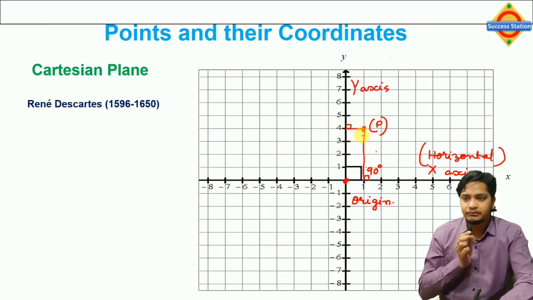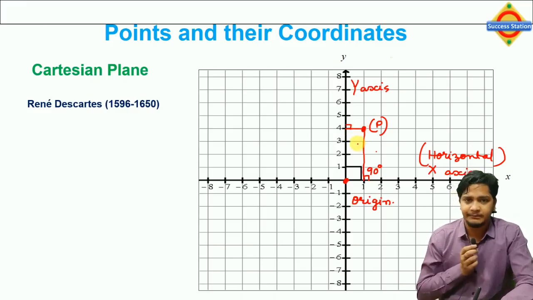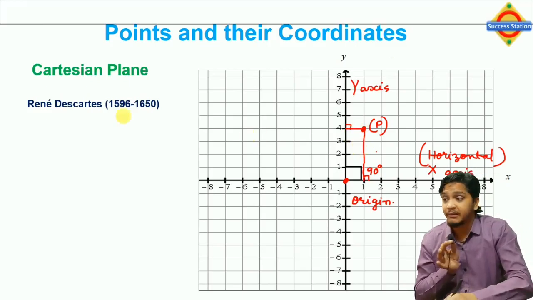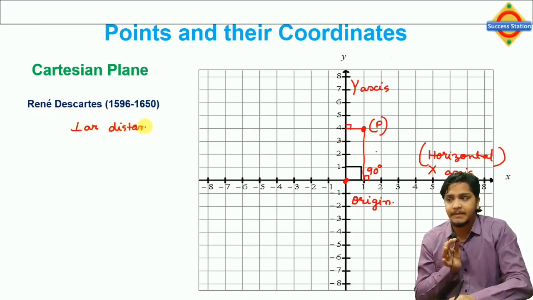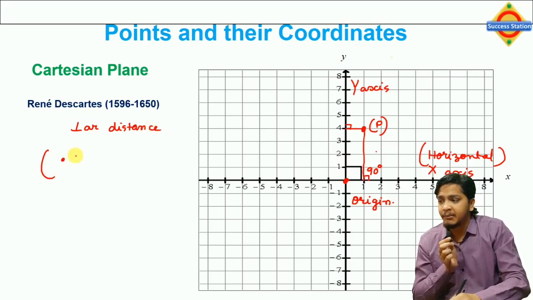So he told that these two things will be the parameters for my address. Remember, only perpendicular distance, no other distance. So he chose two things I need to know the address of any point.